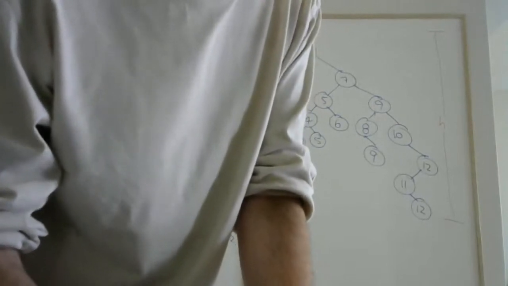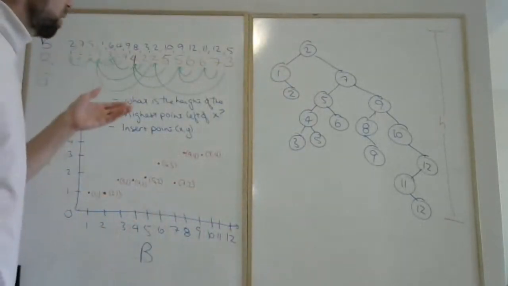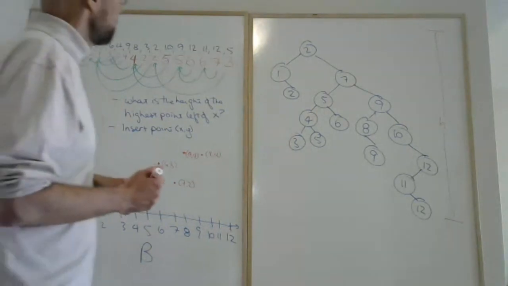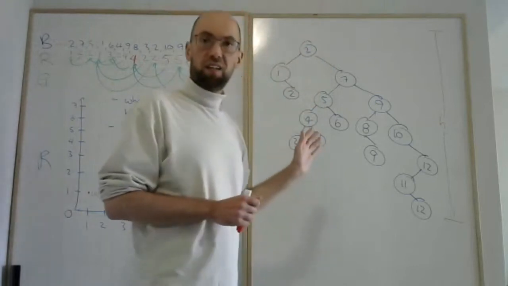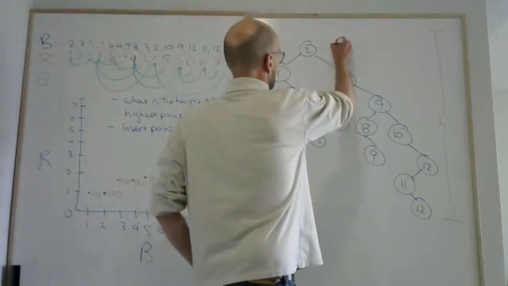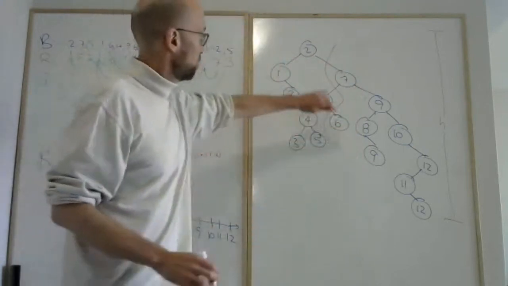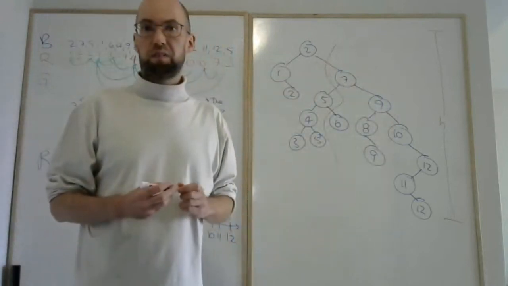Maybe this isn't going to be a short lecture after all. If you pick a number, say 5, it's possible to cut this tree into stuff less than or equal to 5 and stuff bigger than 5, right?